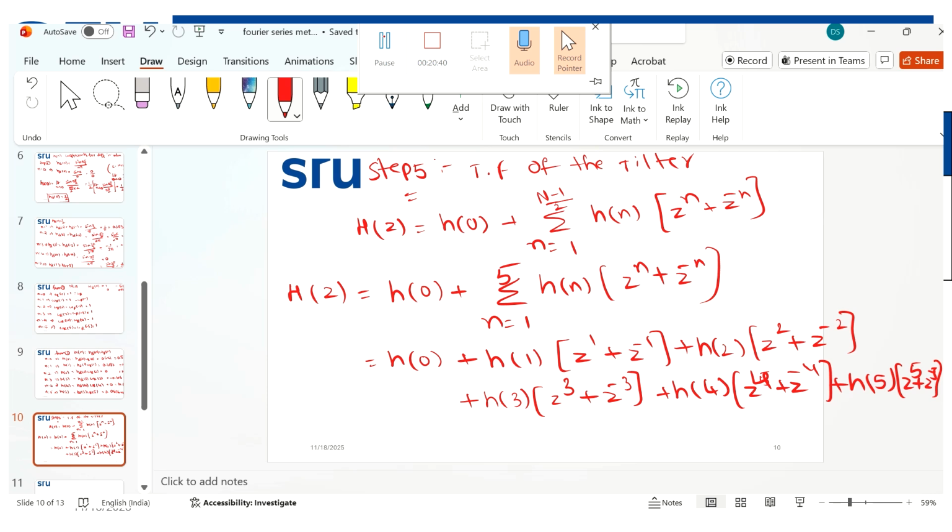Now we have the coefficients h(0) to h(5) from the above analysis.